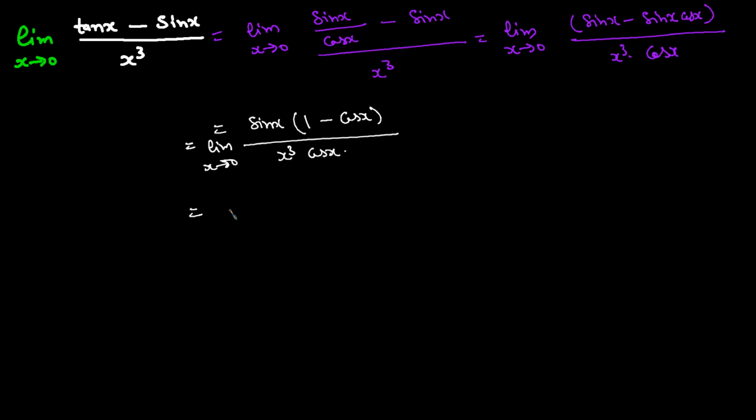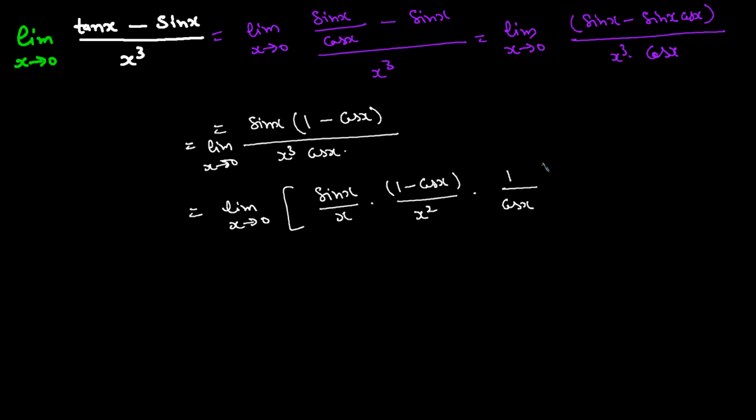So limit x approaches 0, we can write it as sin x over x. I'm going to break down this x cube into x and x squared. So the first part we got sin x over x, and then we got 1 minus cosine x over x squared, into 1 over cos x.